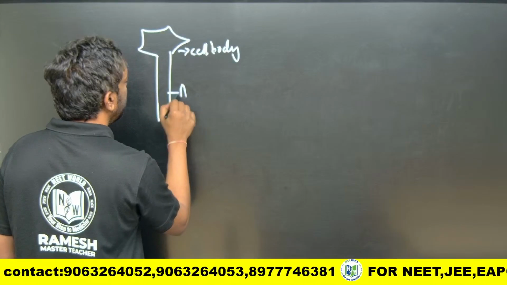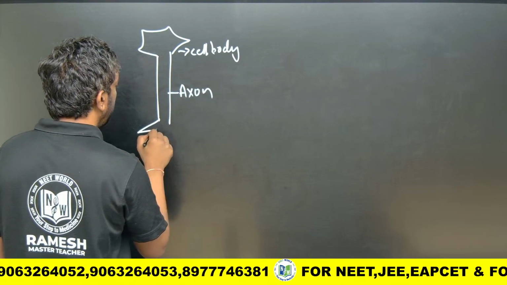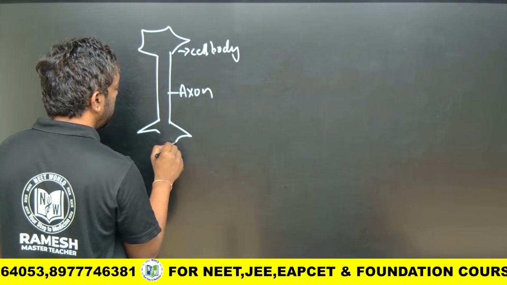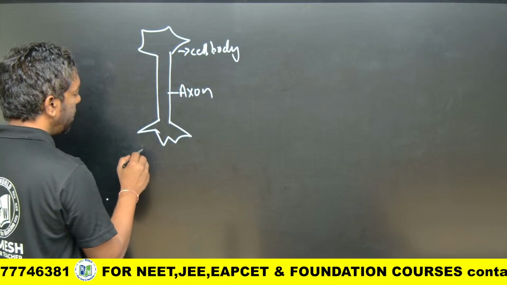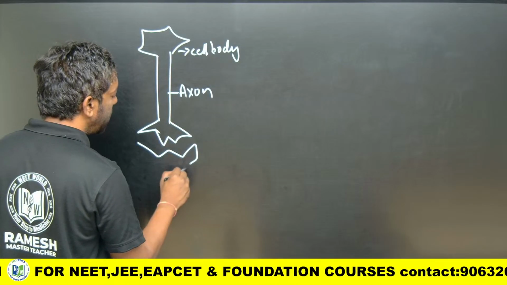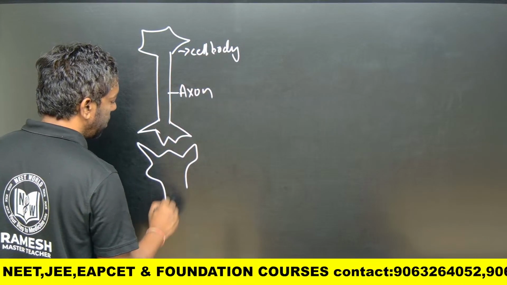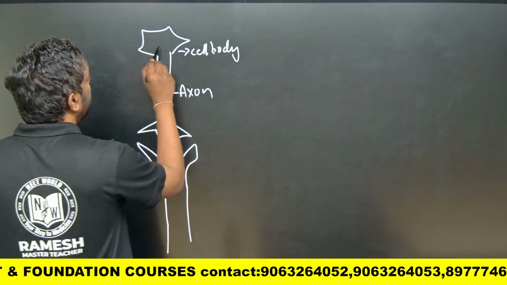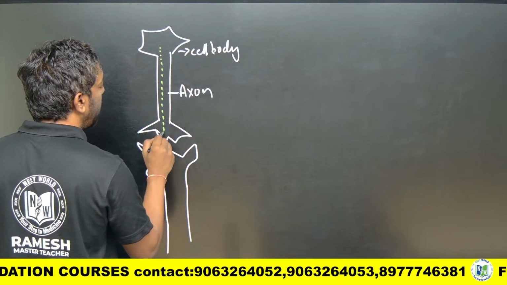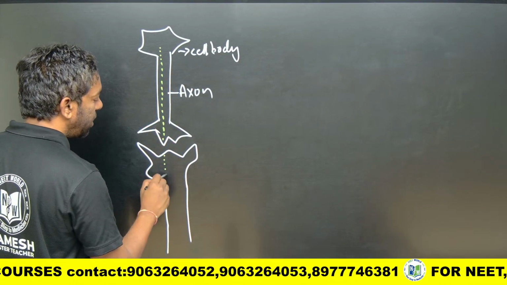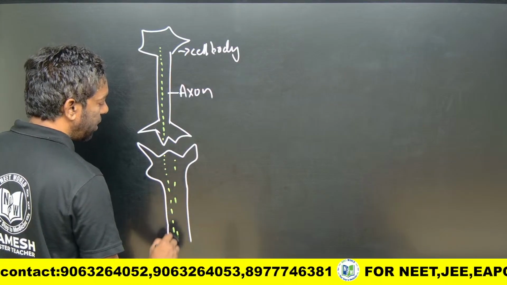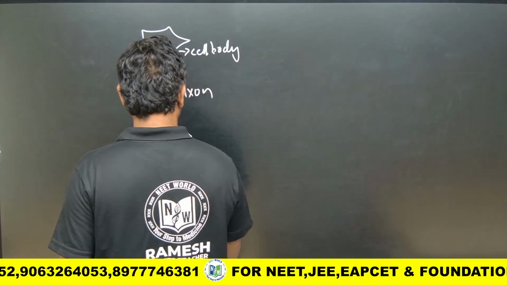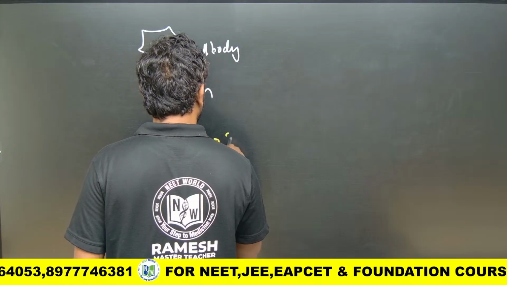This is the axon end, and there is the start of another cell body of another neuron. The signals carried forward pass from one axon end to the dendrite of another neuron. The gap between the two neurons is called the synapse.